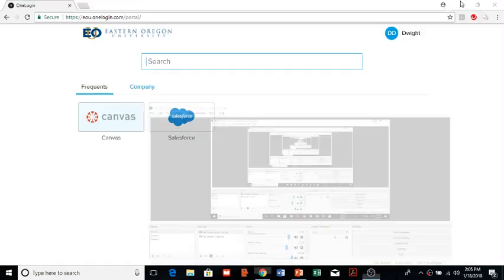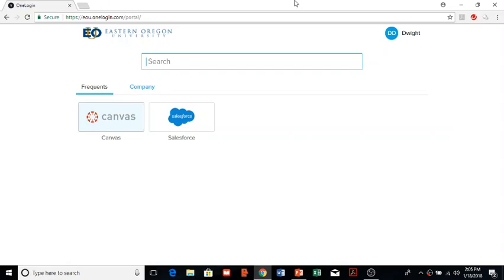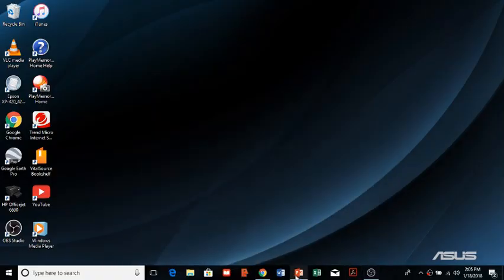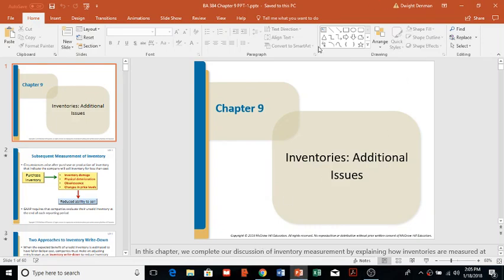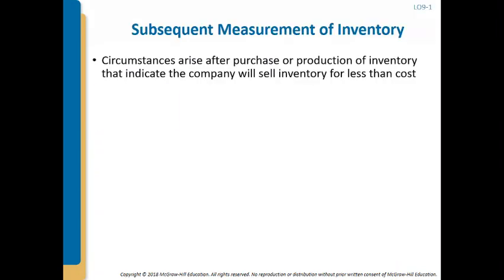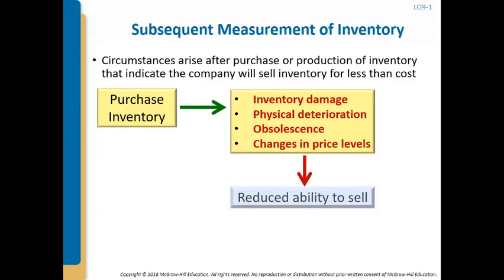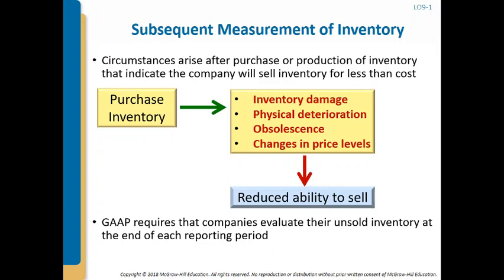All right, so we want to talk about the first part of this chapter, chapter 9. After you measure inventory, things might happen that cause the inventory to be worth less than its cost.